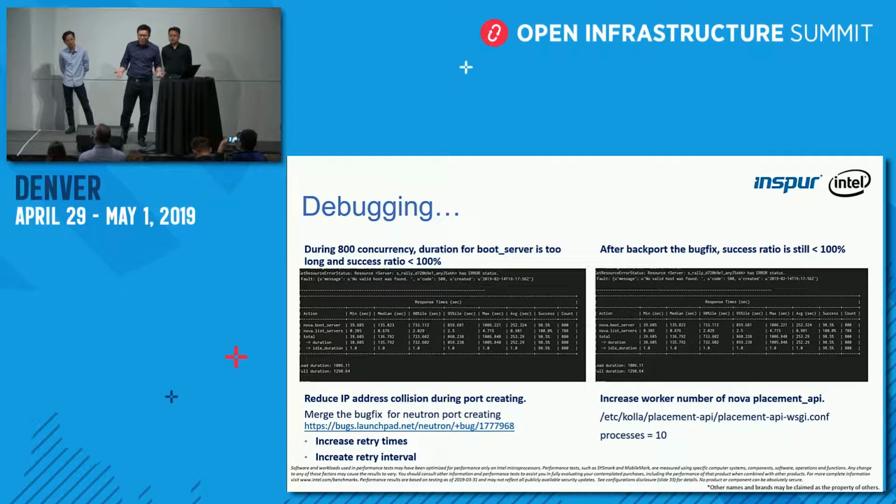So we traced the debug log again, and the ultimate reason is that the placement API worker was not sufficient. So we increased the worker number, and the problem was solved. By the way, the bug fix algorithm is mainly about increasing the retrying times and the interval to avoid IP collision.